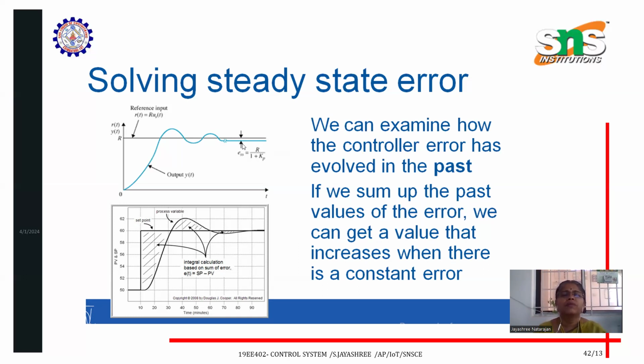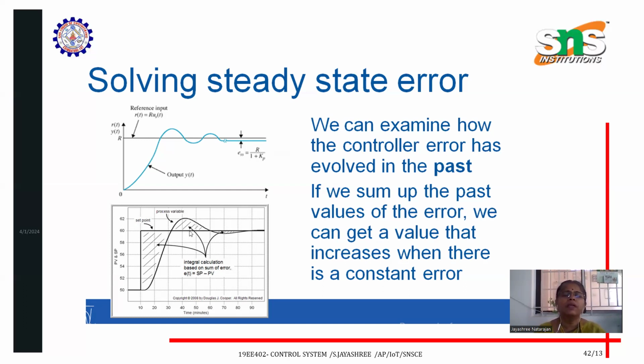To compensate for this, since it is a continuously varying quantity with respect to time, we use an integral calculation based on the sum of the error. That is the area under the curve, the shaded area between the set point and the process variable.